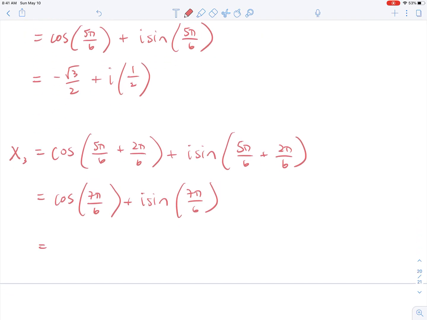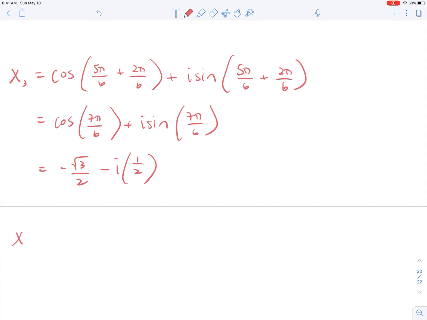So in polar form, that's going to be cosine of 7 pi over 6 plus i sine of 7 pi over 6. And in rectangular form, cosine of 7 pi over 6 is negative root 3 over 2. Sine of 7 pi over 6 would be negative 1/2. So I can write that as minus i times 1/2.